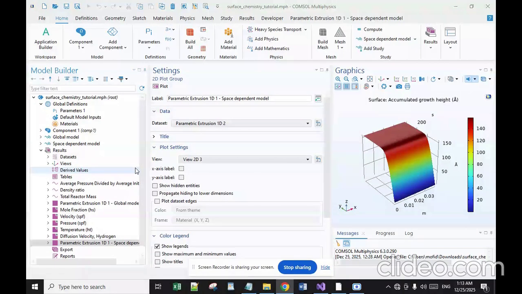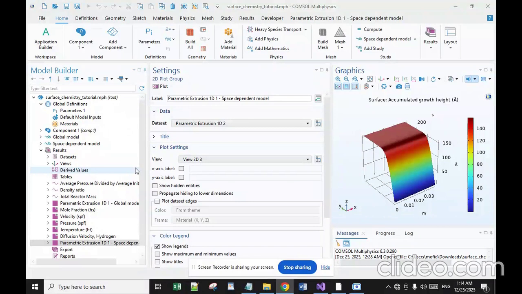The total mass in the reactor drops by a factor of 8, which is expected since the silane with a molecular mass of 0.032 kg per mole is replaced with 2 moles of hydrogen, which has a molecular weight of 0.002 each, equal to 0.004 kilogram per mole.